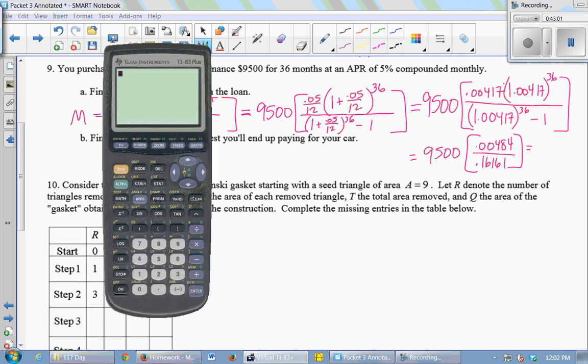So now I'm going to do the stuff in the brackets. 0.00484 divided by 0.16161, and then multiply by 9,500. So I get 284.51.